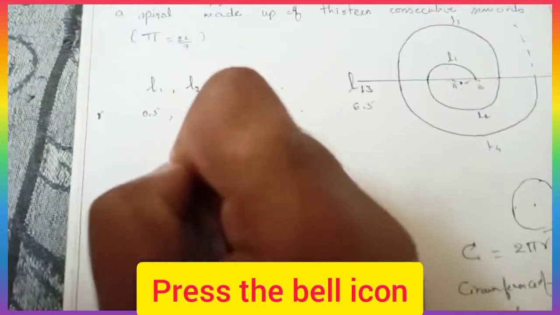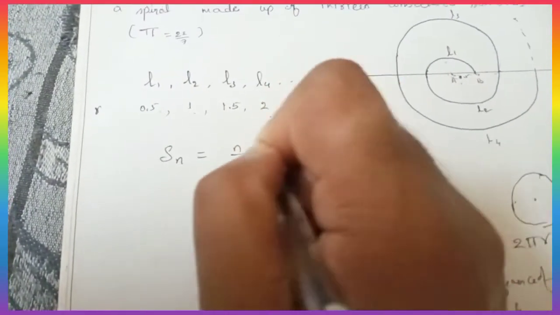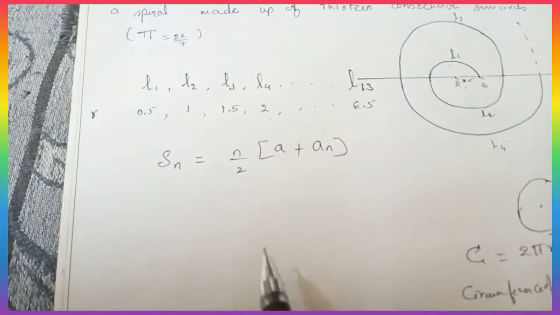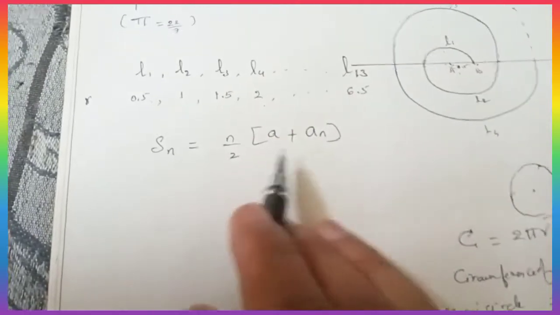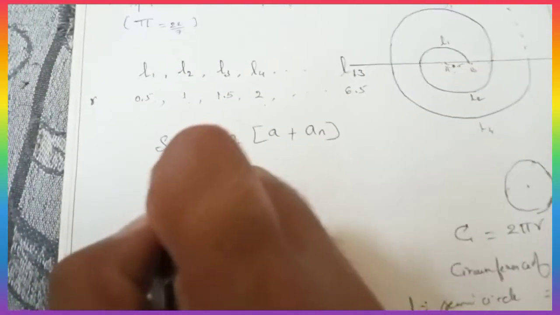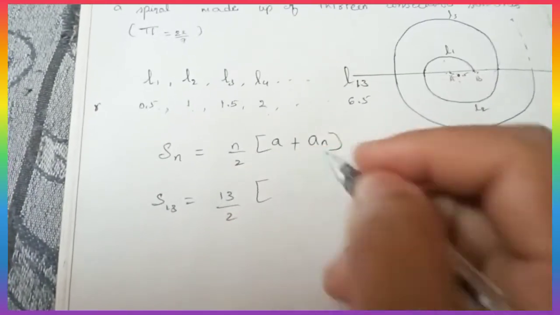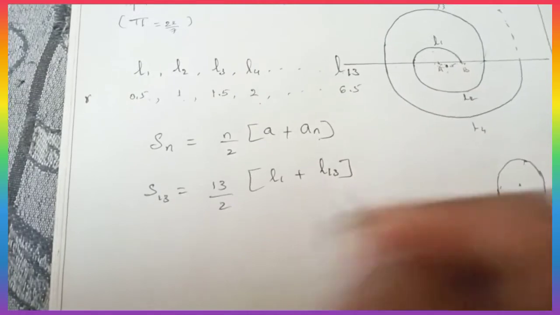Now I will use the formula of Sn itself. Sn is equal to n by 2 into a plus an. We can use the first and the last term, because we know the first term's radii as well as the last term's radii. So we can use this formula easily. So it is S13, 13 by 2. A means first term, that is L1. An means 13th one, that is L13.